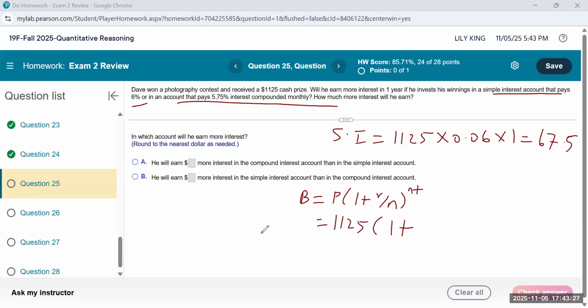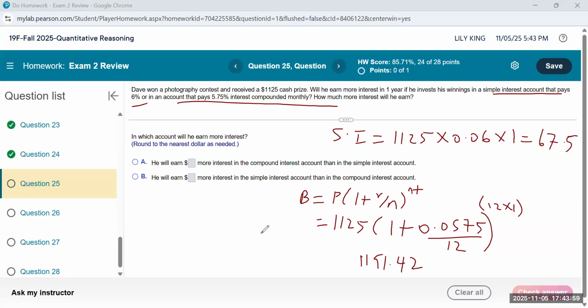You convert that to a decimal, 0.0575. Compounded monthly, your n is 12. You are doing this 12 times in a year, and you have 12 times 1. So this is 1191.42.